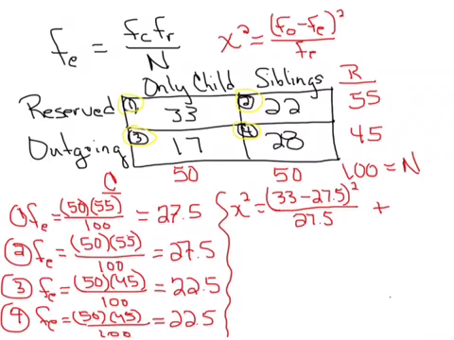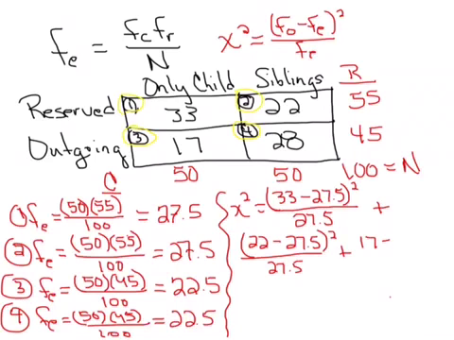Now we're going to add that to the next cell. So cell 2, the observed frequency is 22, expected frequency is 27.5, squared divided by 27.5. Now we can do cell 3. So cell 3 is 17.